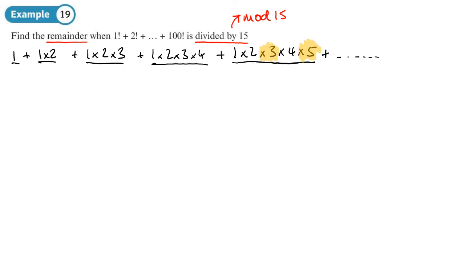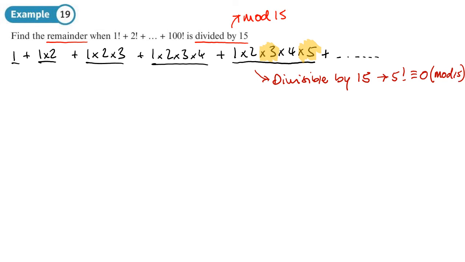What does that mean? It means that it's divisible by 15, which means that 5 factorial is congruent to 0 under mod 15.